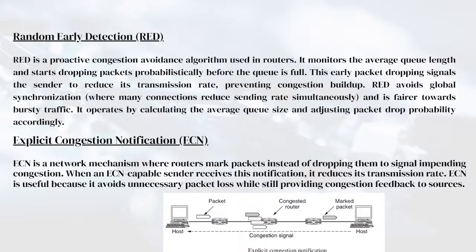Okay, so here random early detection is a proactive congestion avoidance algorithm used in routers. It will monitor the average queue length and start dropping packets before the buffer becomes completely full.